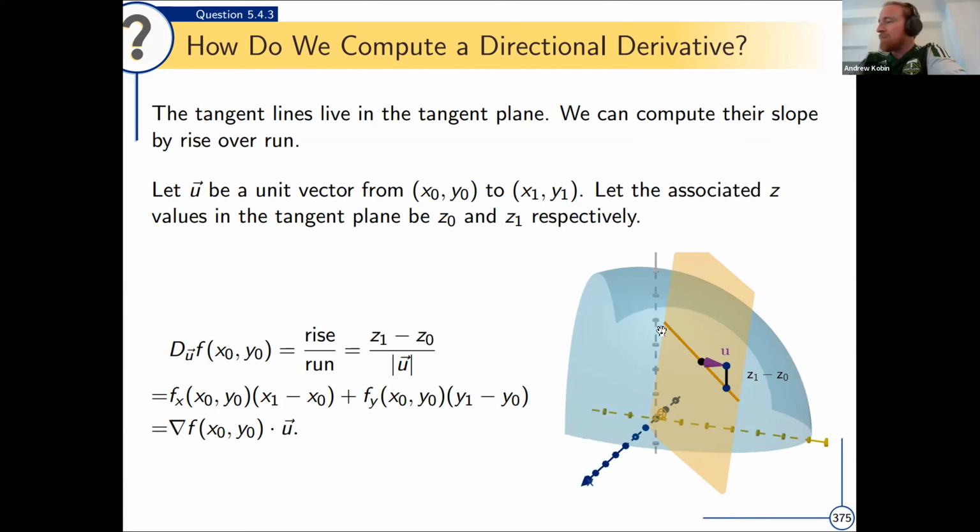So let's let z again be the output values that in this case will take on values in the tangent plane if we use points nearby and their heights on the tangent plane.